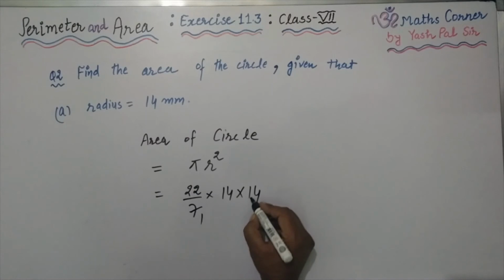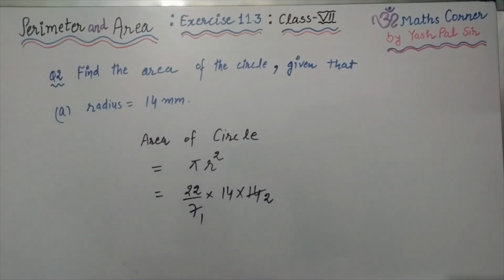So 7 ones are 7, 7 twos are 14, right? So we now write it as 2 into 22 is 44 into 14, right? Now multiplying, 14 fours are 56, 14 fours are 56, 56 plus 5 is 61.